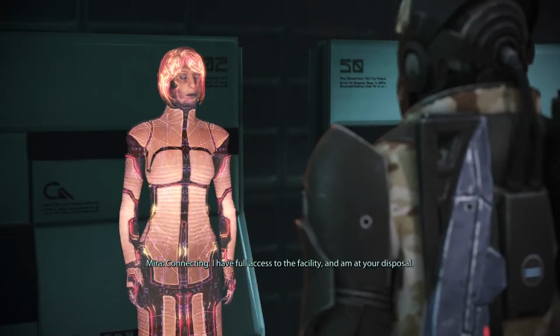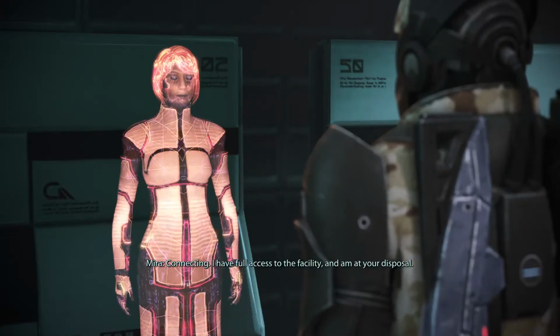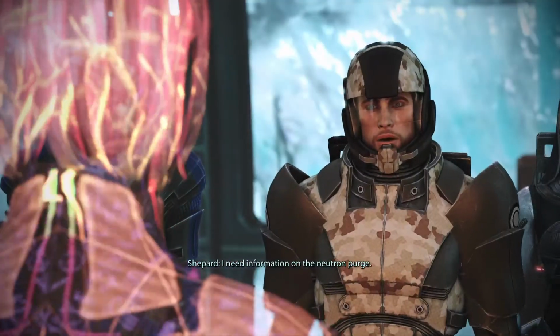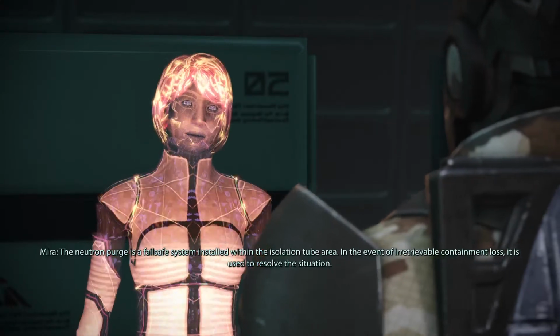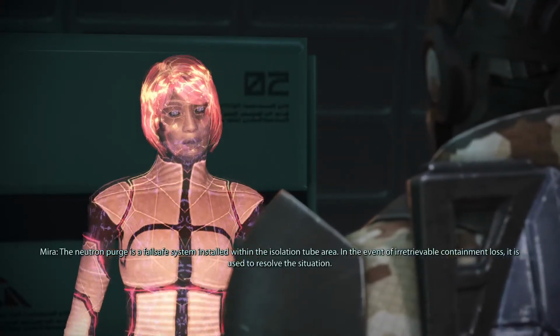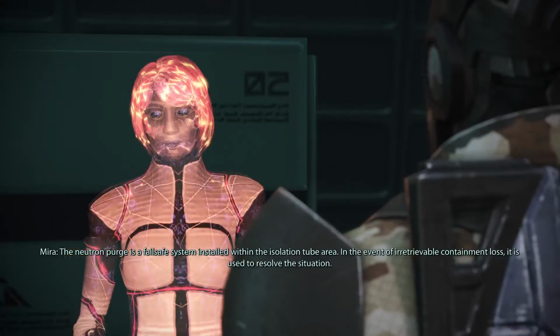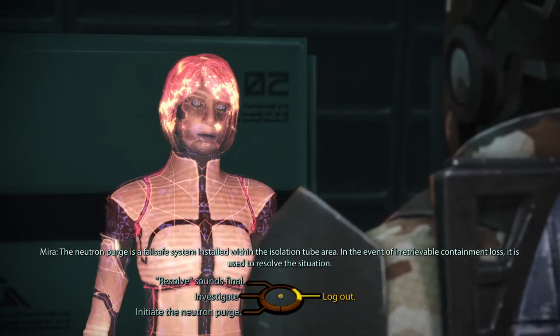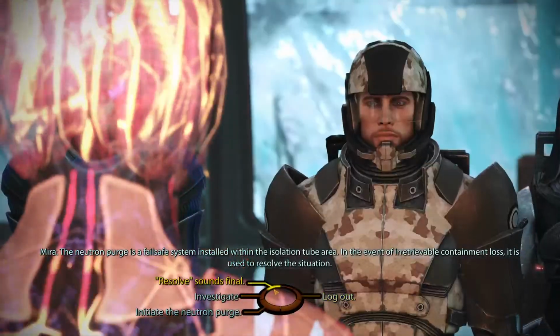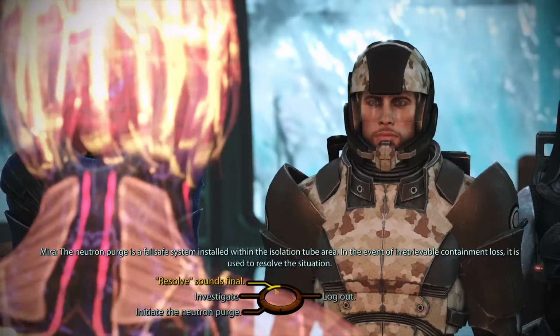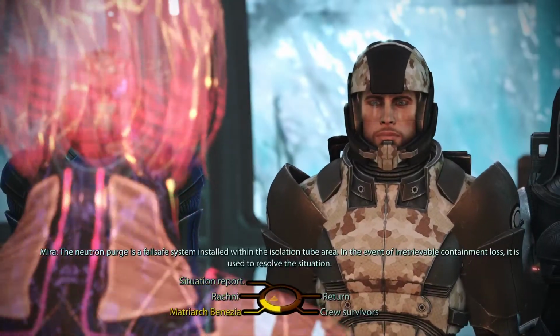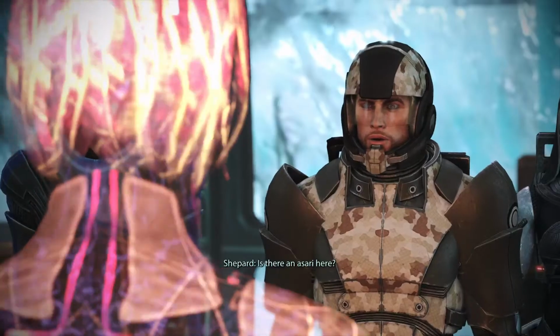Connecting. I have full access to the facility and am at your disposal. I need information on the neutron purge. The Neutron Purge is a fail-safe system installed within the isolation tube area. In the event of irretrievable containment loss, it is used to resolve the situation. Is there an Asari here?